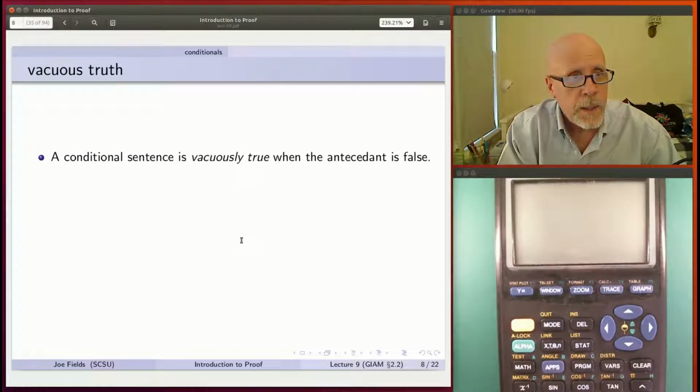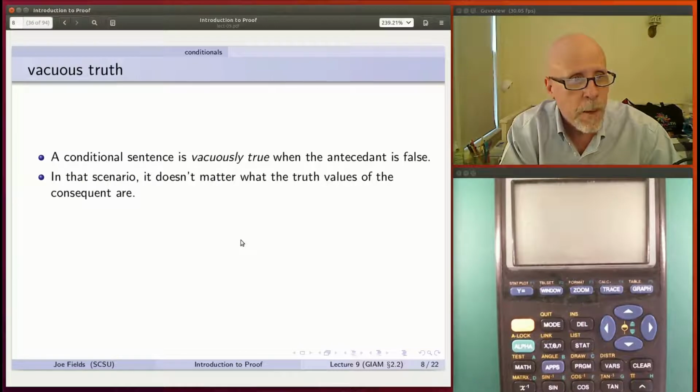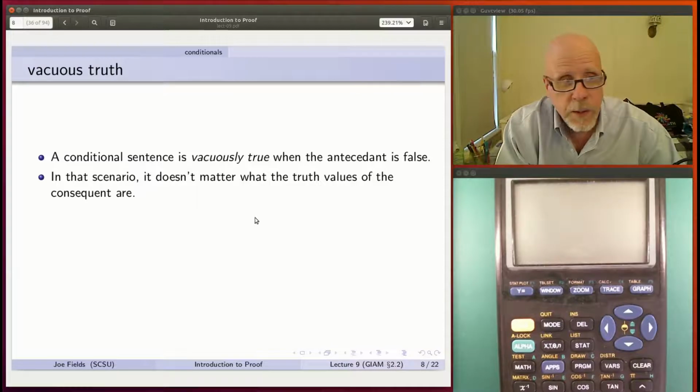Okay, so finally, last little piece I want to mention while we're talking about conditional sentences is a name for that scenario where in the bottom 2 rows the A was false. It's called vacuously true when the if part or the antecedent is false. And in that scenario, when the antecedent is false, you don't even care what the truth values of the consequent are.